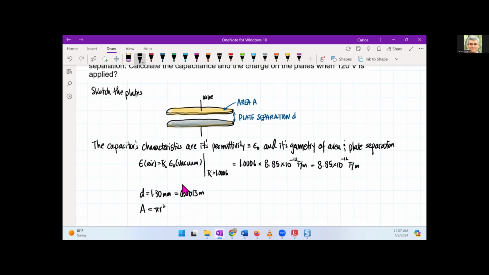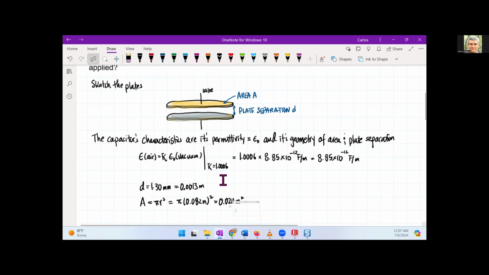The radius is 8.2 centimeters, so this has to be pi times 0.082 meters, squared. When I calculate this value, I get 0.0211 meters squared. So now I have my dielectric material and my geometry set up.